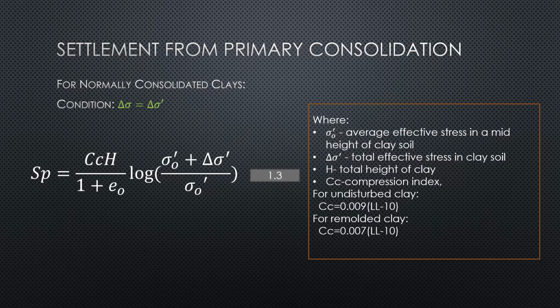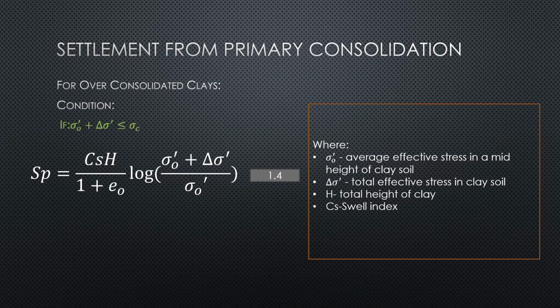And for the remolded clay, meaning you extracted it and molded it, Cc is equal to 0.007 times liquid limit minus 10. So, as shown on the left, this will be the formula if the soil will be considered as normally consolidated clay.